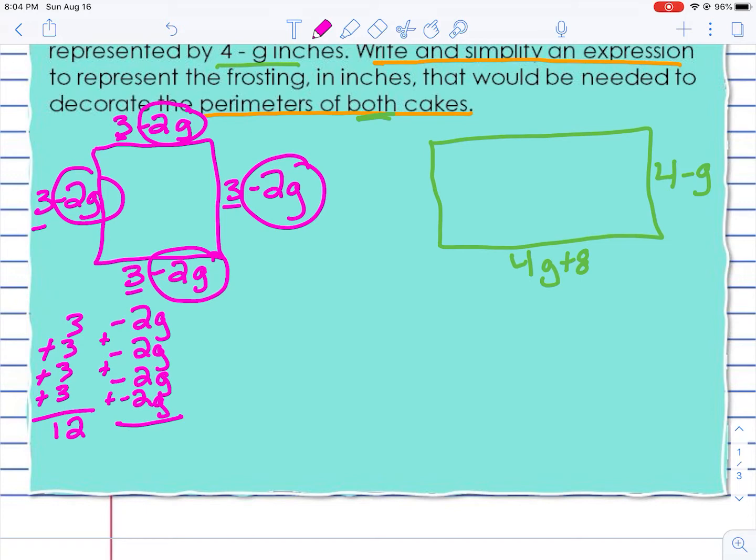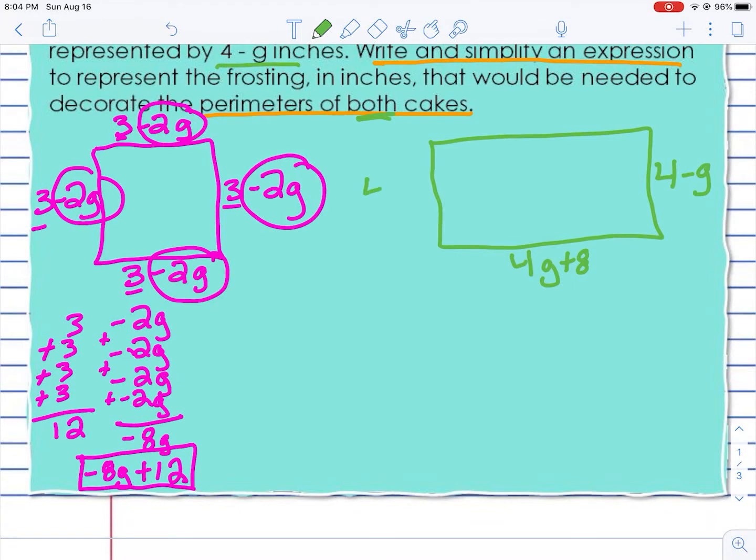So a negative 2 plus a negative 2 plus a negative 2 plus a negative 2 is a negative 8g. So my perimeter of my square cake is, and you can write these in any order you want, negative 8g plus 12. Or you could write 12 minus 8g. Same thing. Doesn't make a difference which order you write them in. Okay, great. We found the perimeter of our square.